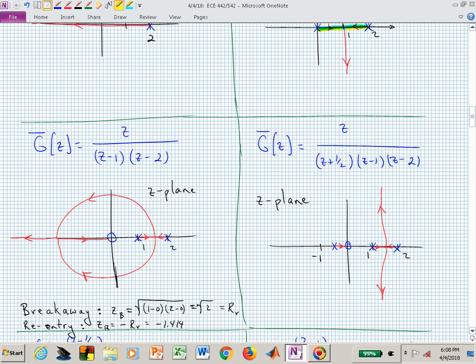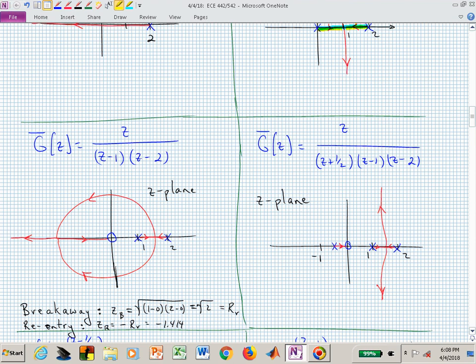So now you stand at the origin and you go, okay, I need to go all the way over there. I didn't do my yoga this morning, so I'm trying to. So you can get up and start doing this and convincing yourself. So that 0 contributes 180 degrees. Each of these poles to the right, the 1 and the 2, they each contribute 180 degrees.